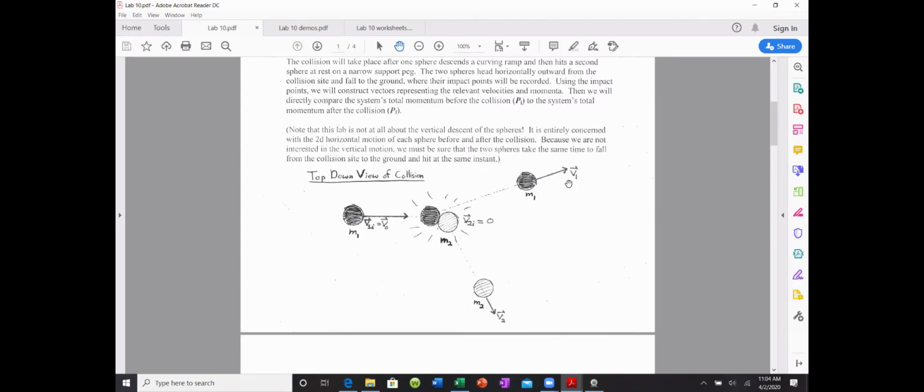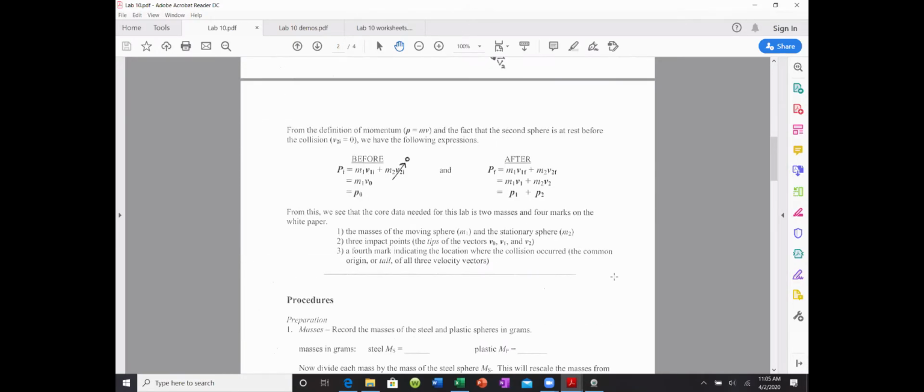V0, and this is V1 and V2. I could imagine calling this V1 final and V2 final, because I think that's really what they stand for. We would like to calculate capital P I, initial total momentum, and capital P F, final total momentum.